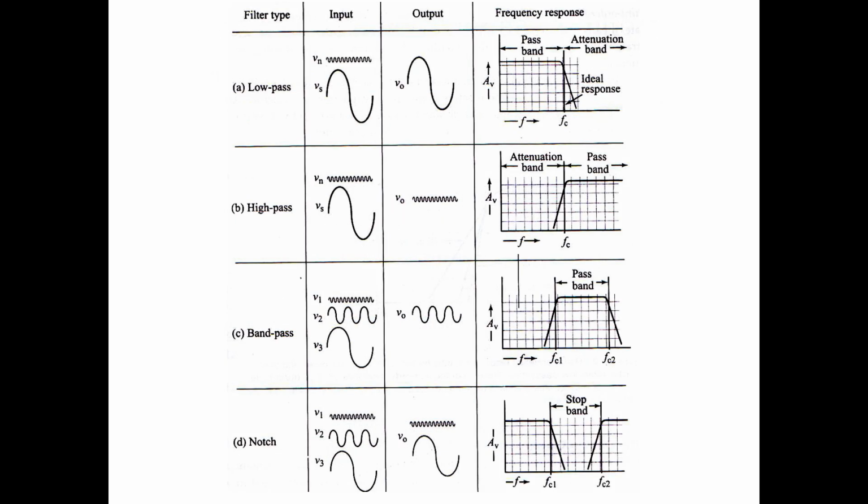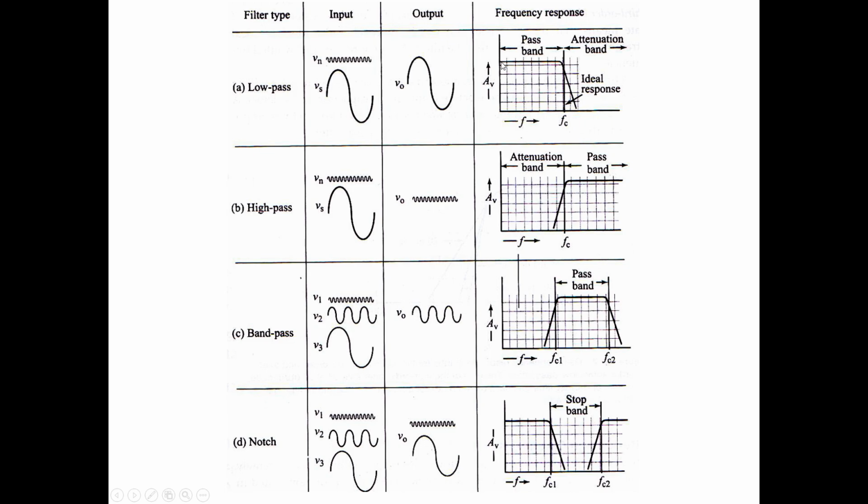Filter type: what type of input, what type of output, and frequency response. We have the low pass filter. This is a low frequency signal, so it allows only the low frequency signal as output.